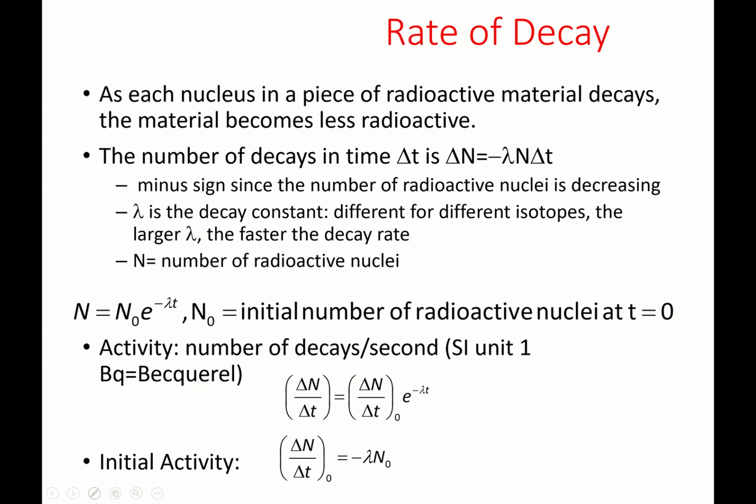We can also talk about the activity, which is the rate of change of particles, delta N over delta t. The SI unit is a becquerel, for decays per second, and it is equal to the initial activity times e to the minus lambda t. And the initial activity can be found just by multiplying the number of particles you have times the decay constant.